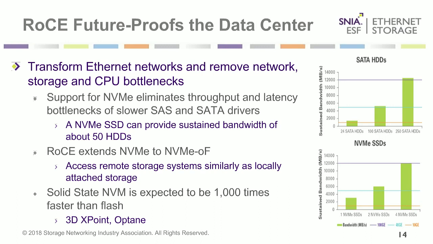Intel is talking about 3D XPoint and Optane, which will again move the storage performance up quite a bit. We're expecting it to be over 100 times faster than flash when those release. And all this is having a dramatic effect as we see NVMe SSD drives can provide a sustained bandwidth of about 50 hard disk drives.